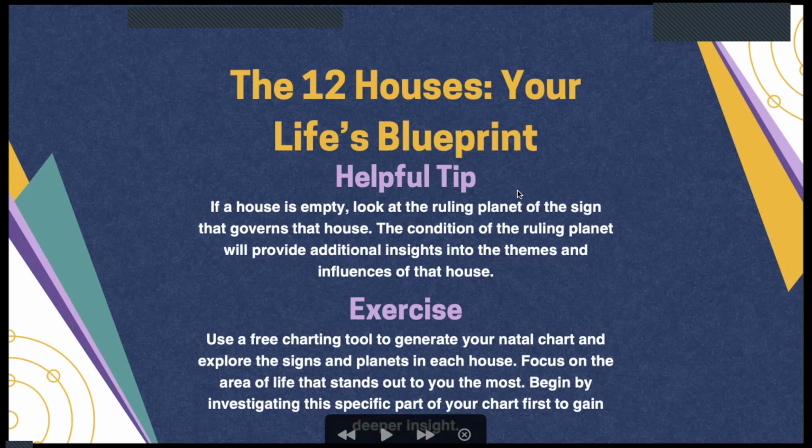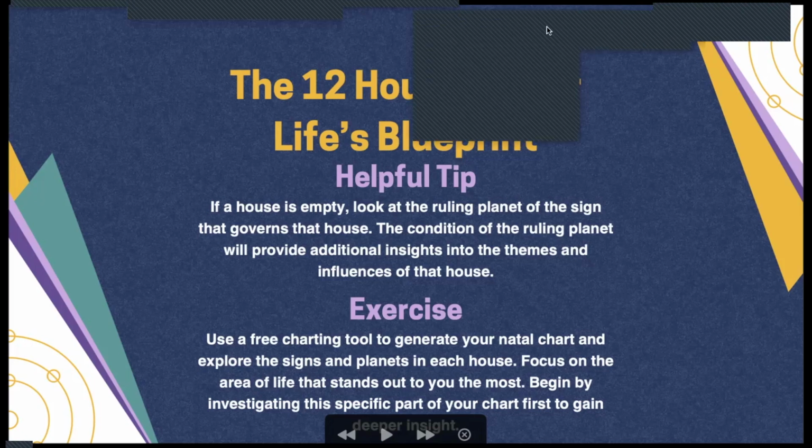If a house is empty, look at the ruling planet of the sign that governs that house. The condition of the ruling planet will provide additional insights into the themes and influences of that house. What does that mean? Great question. Let me show you on Donald Trump's chart.